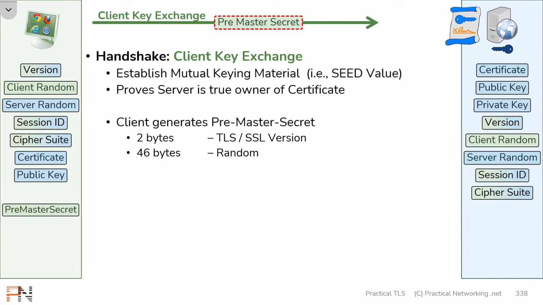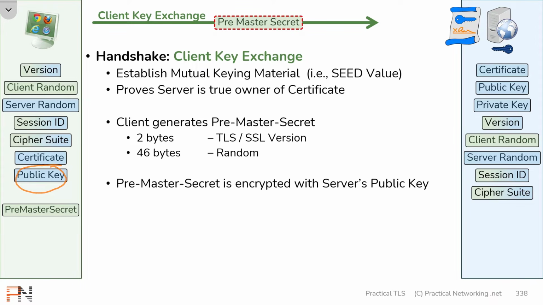The pre-master secret is then going to be encrypted with the server's public key, which the client has because it acquired it when the server sent its certificate. The encrypted version of the pre-master secret is what's going to be sent on the wire, which means the only person that can extract the actual pre-master secret from the encrypted version that was sent on the wire is whomever has the matching private key, which our server does.